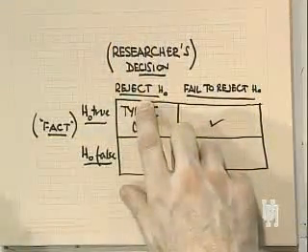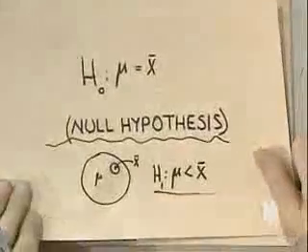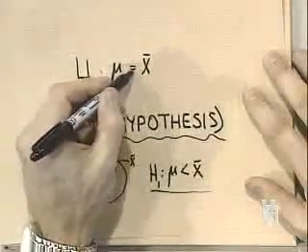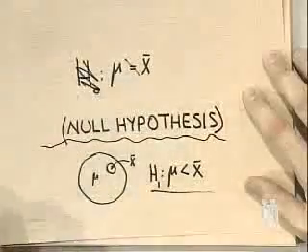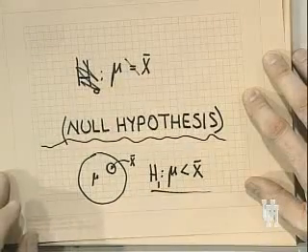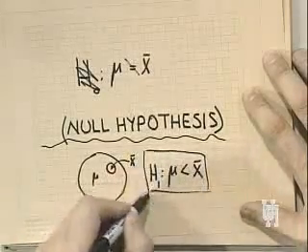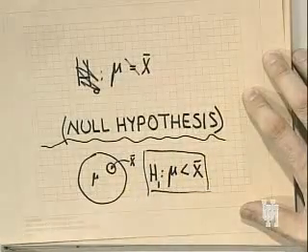A type 1 or alpha error occurs when a researcher makes a false conclusion of difference. The researcher rejects the null hypothesis and concludes that X bar does not equal mu. Perhaps supporting the research hypothesis.